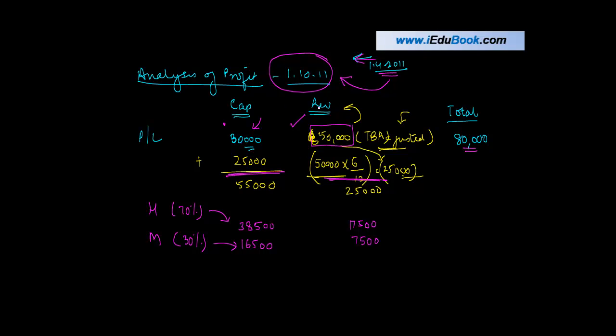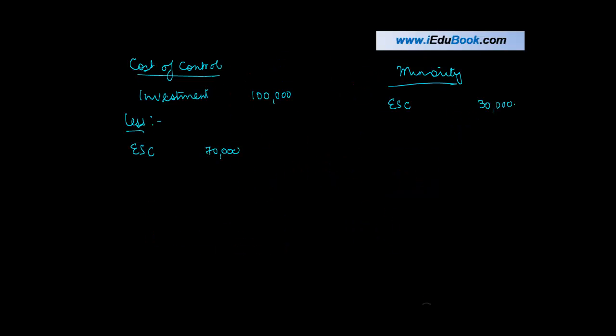So since the time period was 6 and 6 months, I distributed it equally, 6 divided by 12. 25,000 I added to the capital, 25 I reduced from revenue. I got my revenue, I got my capital, and I bifurcated it between holding and minority. Once this is done, nothing is to be worried about. We just need to place this in the relevant places.